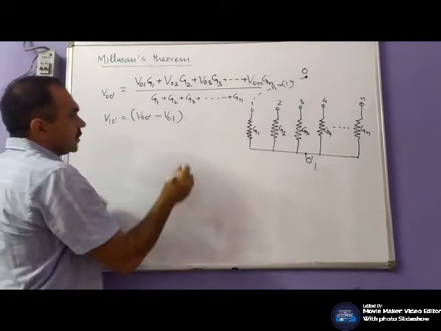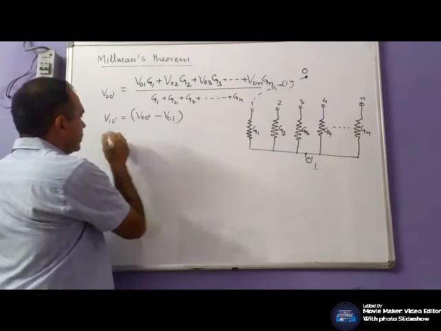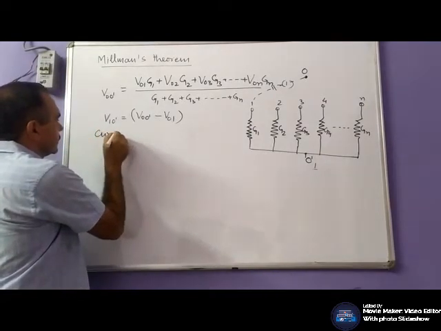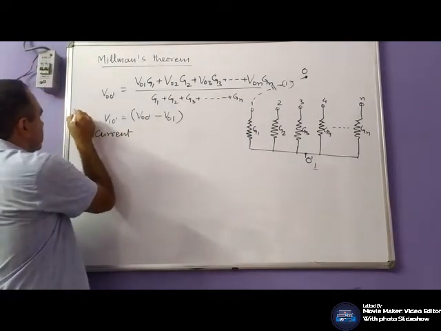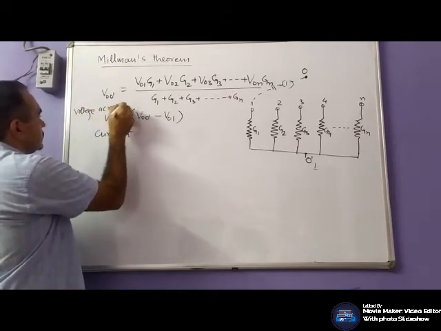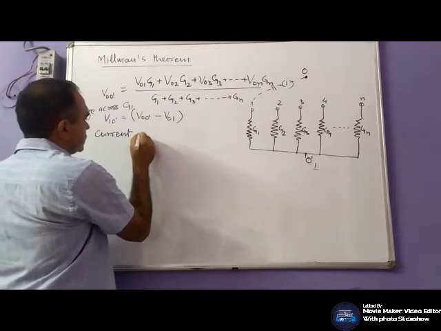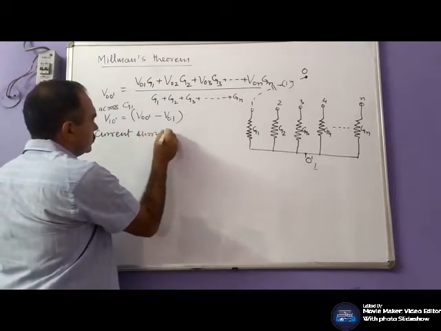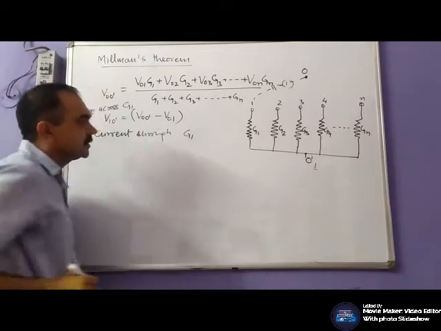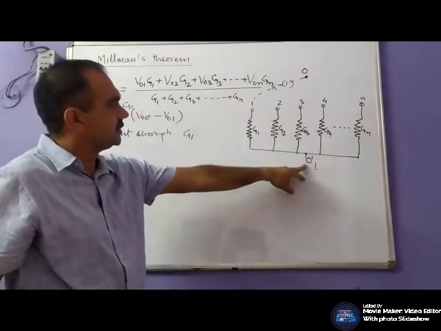now what would be the current in this G1? Voltage across G1, current through G1. What is the current? I10 dash.